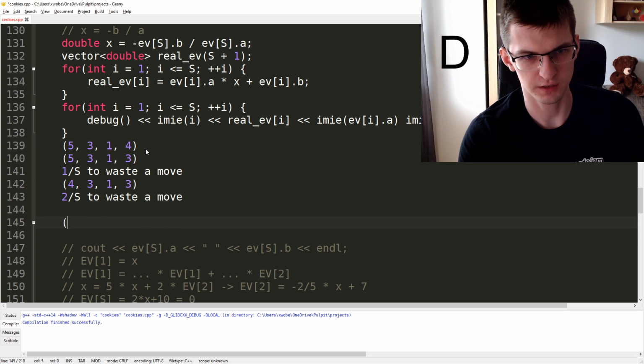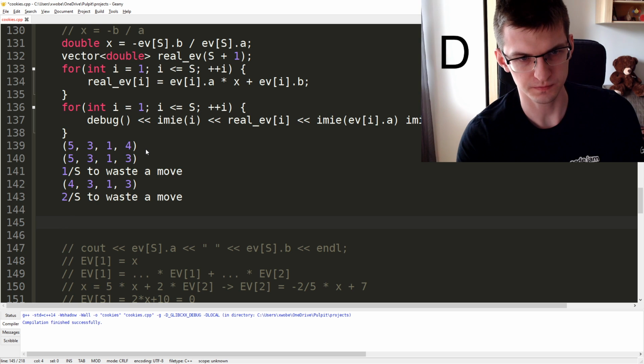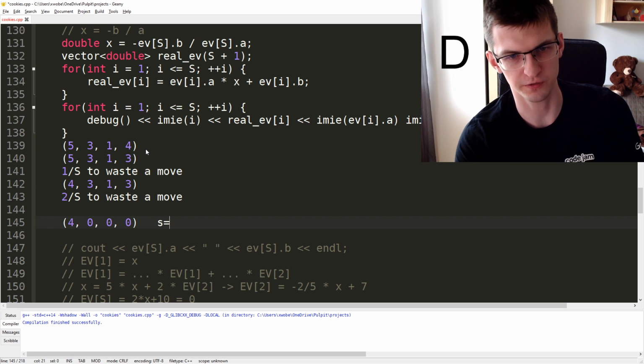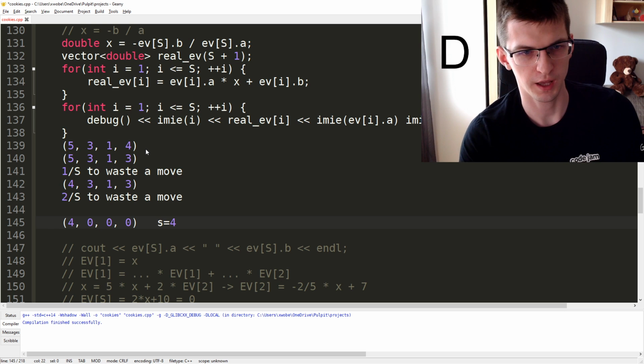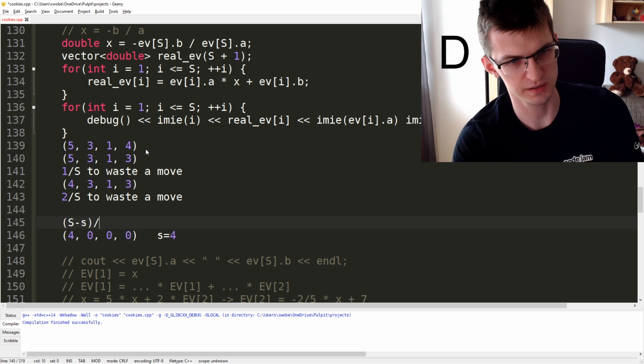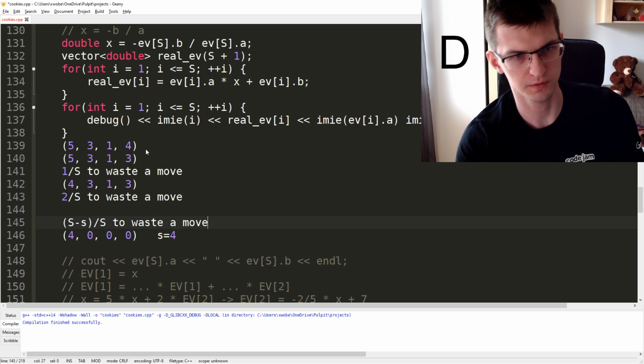At the end, when I get to this, with small sum of numbers being here 4, a moment earlier there was some probability like this to waste a move.